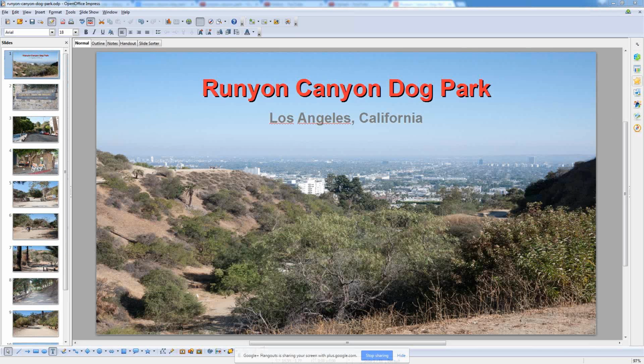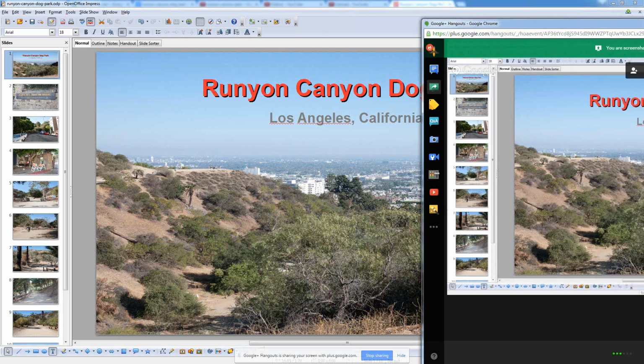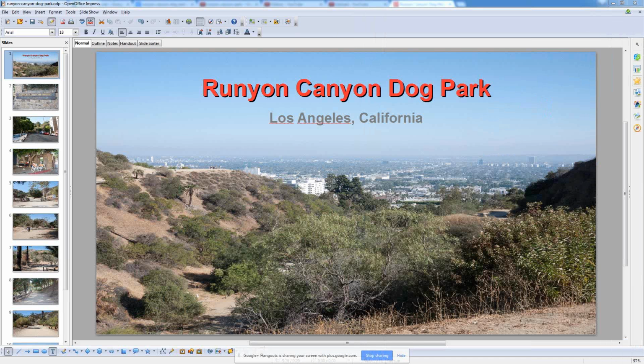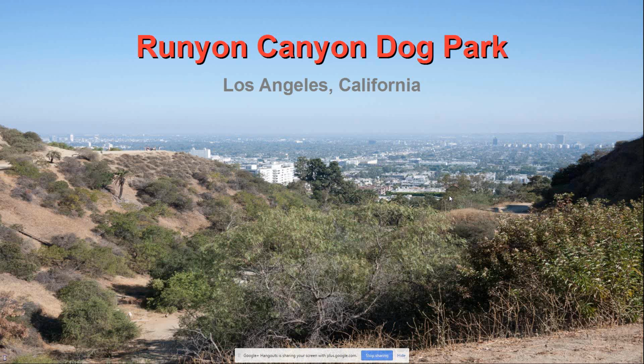Now, you remember we are trying to record our screen here. You can see here in Google Hangouts that I have my screen being recorded here. So what I want to do is start my broadcast while I am in the middle of a full screen slideshow presentation. And then you can see Google Hangouts is sharing my screen now. So I could talk along with my video.